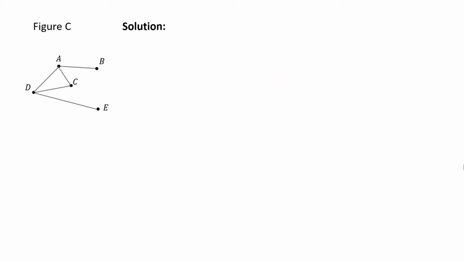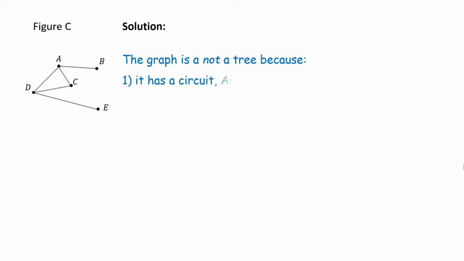We now consider figure C. Figure C is a graph with vertices A, B, C, D, E. The edges are A to B, A to C, A to D, D to C, and D to E. The graph is not a tree because 1, it has a circuit, ACDA.